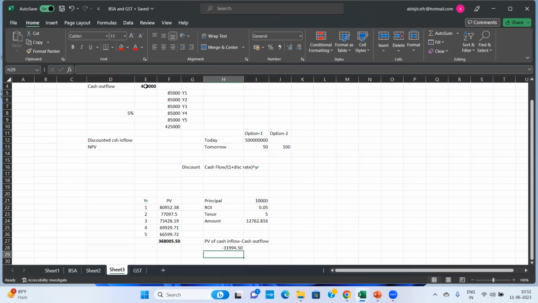Do I choose the project? So if you increase the discount rate, then there is more loss. Yes. Logically, at a first glance, I do not choose the project. I discard the idea of choosing the project because there is a loss, NPV is negative.